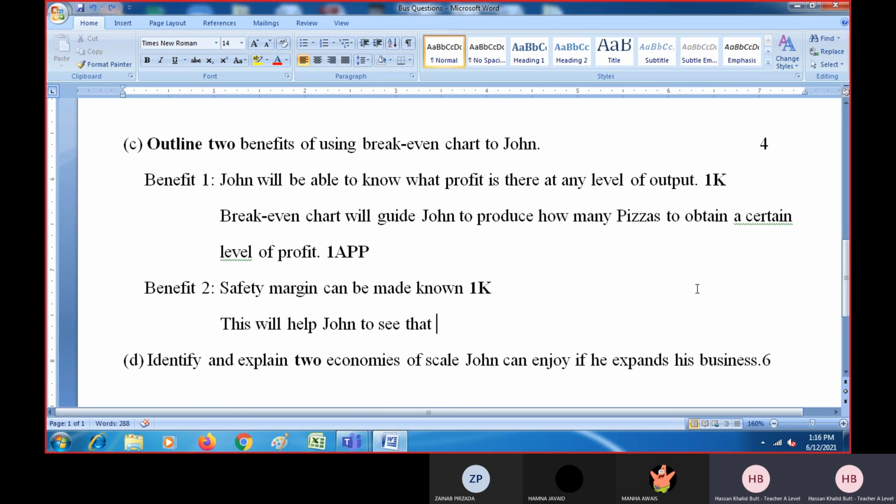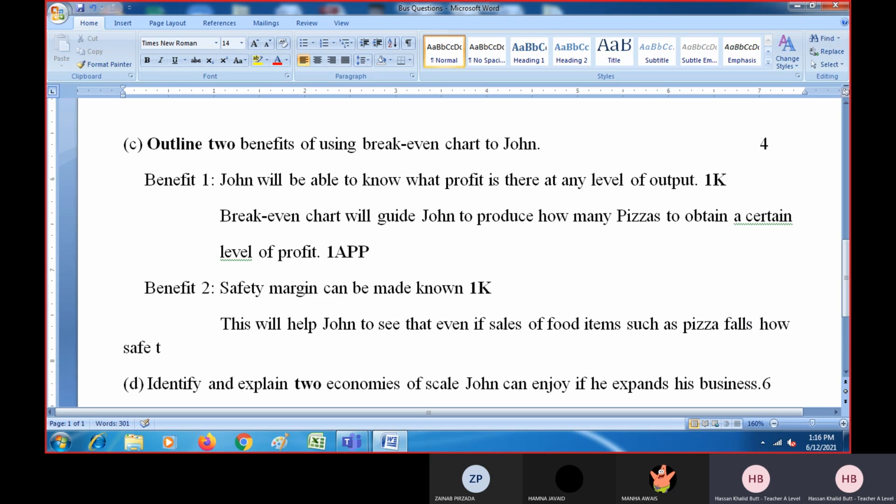So this will help John to see that even if sales of food items such as pizza falls, how safe he is from suffering loss.